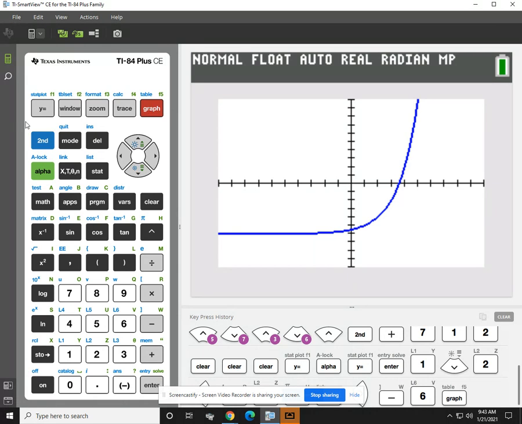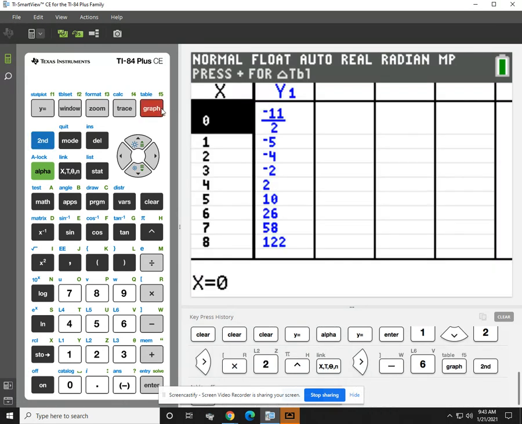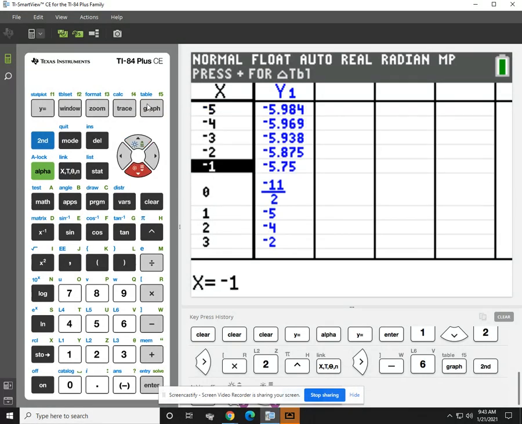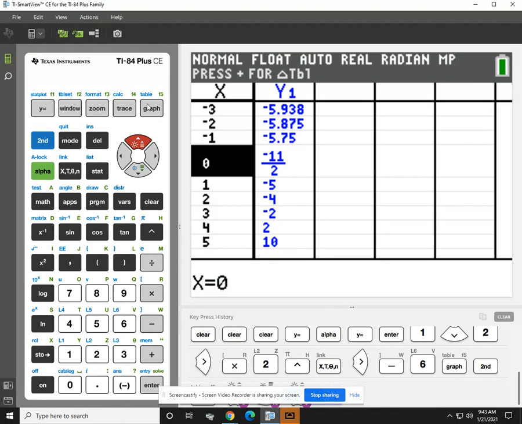Now, let's go look at our table and come up with some good points, including the one that Sierra specifically asked about. Okay, right in the middle of this graph, Sierra, I've highlighted 0, -11/2. Why? Because my y-intercept is always found when x equals 0.